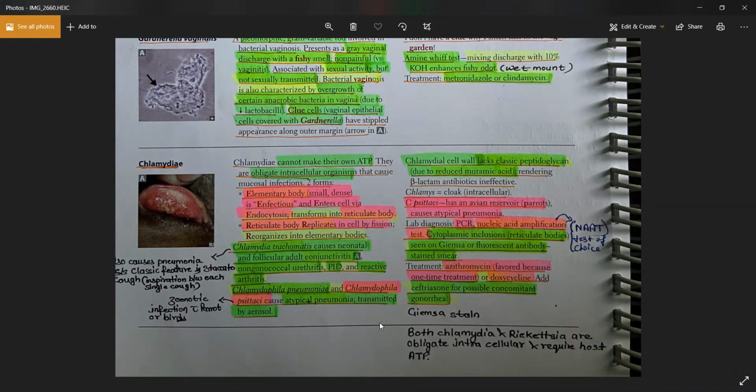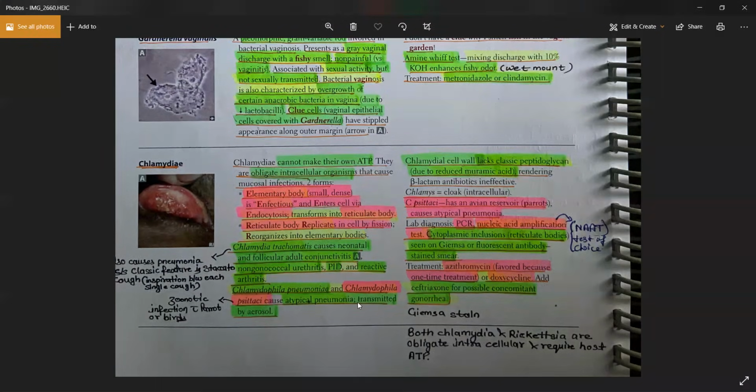But in atypical pneumonia, what you will get is a dry cough only, without the sputum. The symptoms are much milder than the normal, typical pneumonia. And you will get bilateral patchy lung involvement, not the whole lobar consolidation, and that's why it is known as atypical pneumonia, because you're having atypical symptoms.